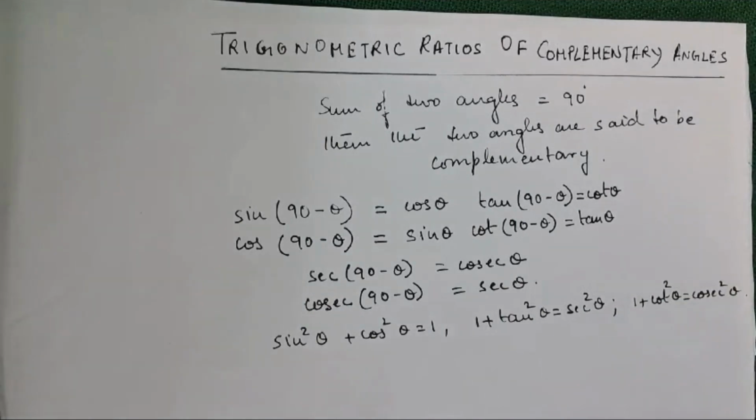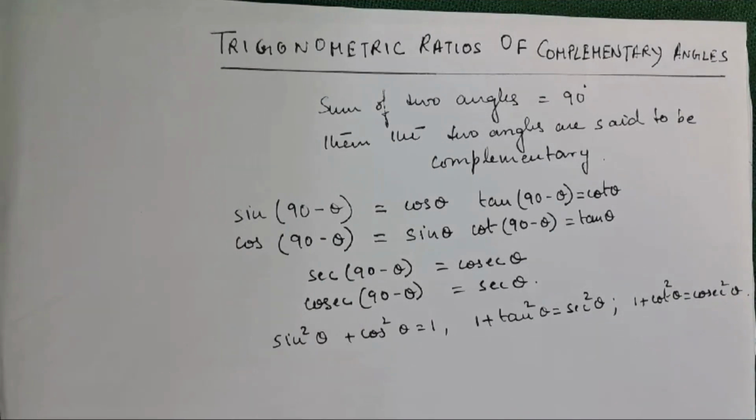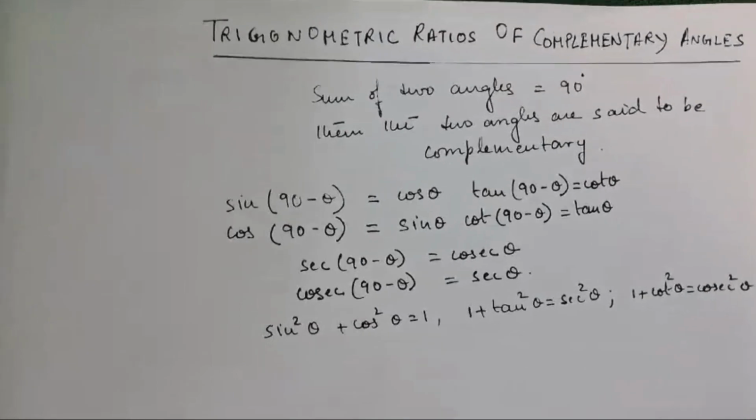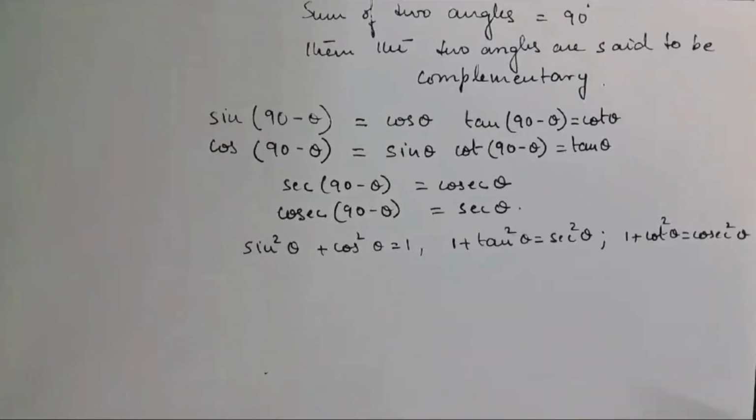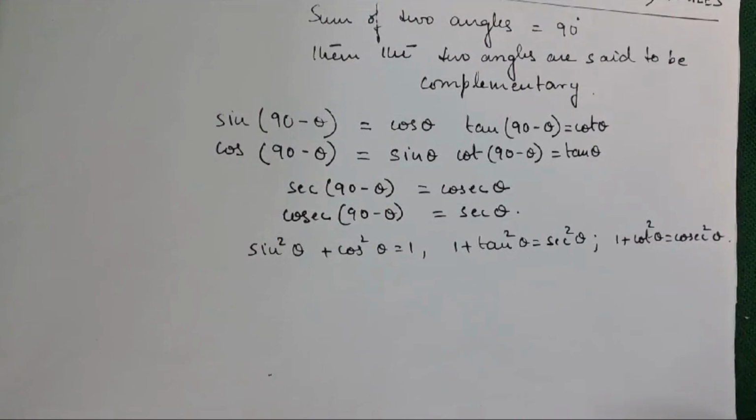I have already discussed the trigonometric identities in my 4 videos. I hope you have gone through them. So in this video, we will discuss a few sums on complementary angles.